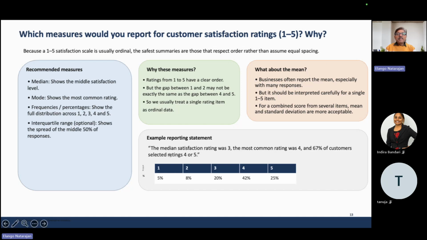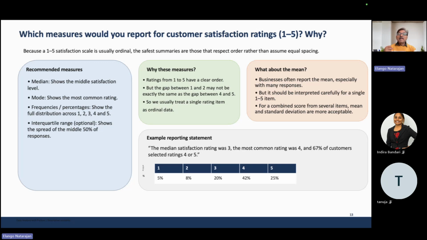So if you go with median and mode, you can write like this: 42 plus 25, it is about 67% of the customers are satisfied with our product because they rated our product in the range of 4 and 5.